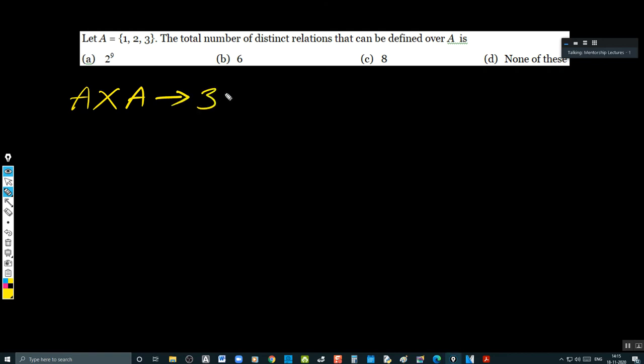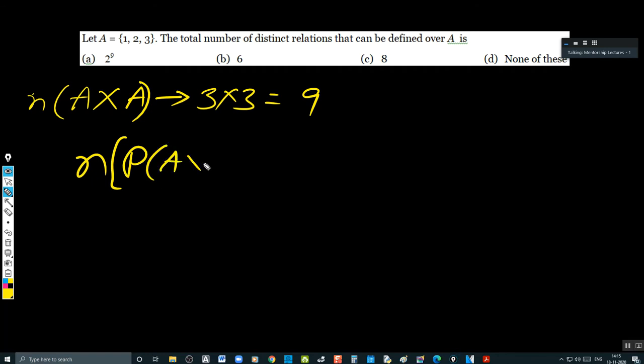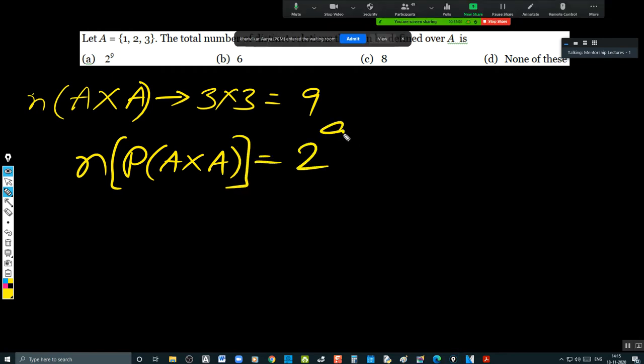Yeah. 9 elements will be there in A cross A. N of A cross A is 9. And the number of subsets, or power set of A cross A, will be 2 power 9. We have seen this already.